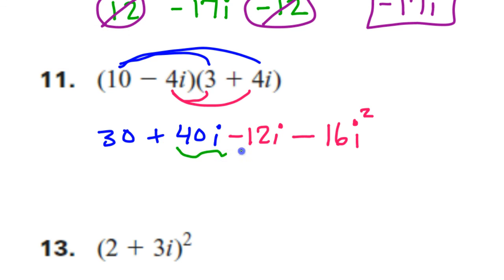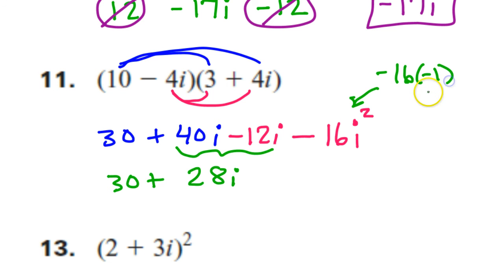Now, combining like terms, I've got 30. And this is going to be 28. Combining these two, I'm going to get 28i. Now remember, i squared is negative 1. So that makes this negative 16 times negative 1.